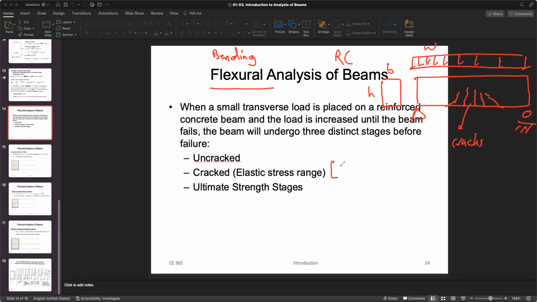Here I can add that WSD, the working stress method, or ASD, allowable stress design method, on which we use transformed area, which we went through, right? On this one, you would use IG, the gross moment of inertia.